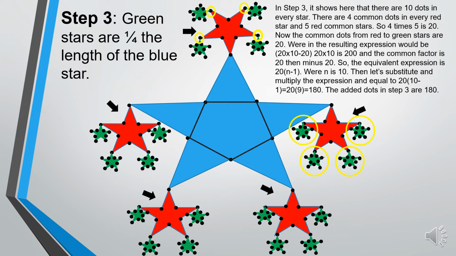Then let's substitute and multiply the expression: 20 times 10 minus 1. By following the PEMDAS rule, 10 minus 1 is 9. So 20 times 9 is 180. The added dots in step 3 are 180.